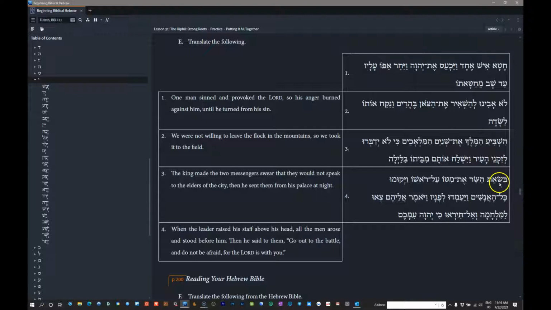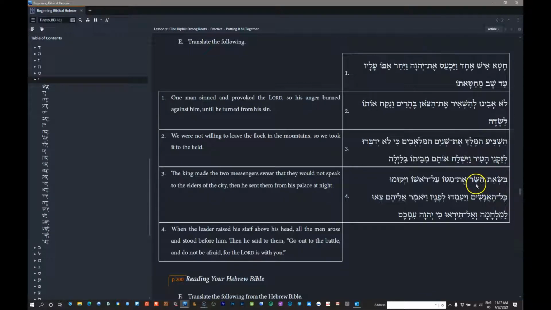So if this is infinitive construct with a bet, we've either got an infinitive of means or an infinitive of time, so a temporal infinitive. So we'll have to decide how to translate that once we get more context. But right now we've got to take or to lift up or to bear, to carry, something like that.